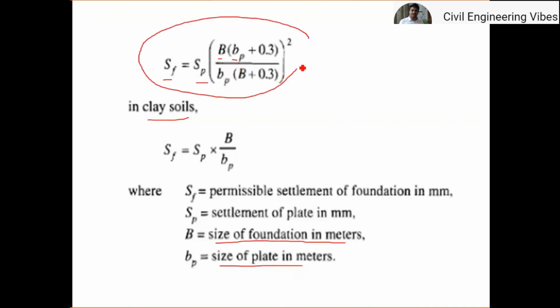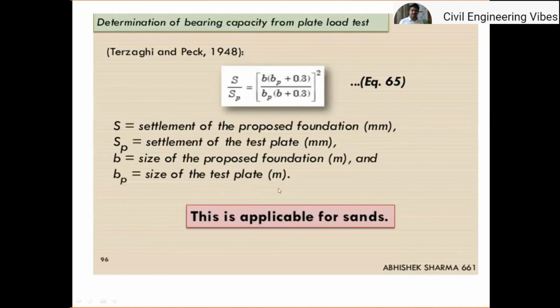Once we introduce all these values, we will get the settlement of the footing. Now, for sandy soils, the equation is this. Once we introduce all the values in this, we will get the settlement in sandy soils.